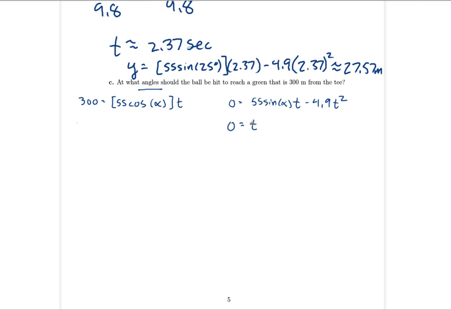If we factor out a t here, we get 55 sine of alpha minus 4.9t. Set that one equal to 0. 55 sine of alpha minus 4.9t equals 0.